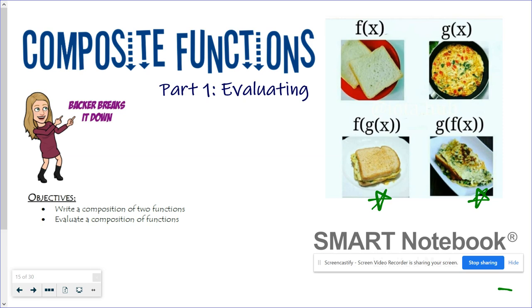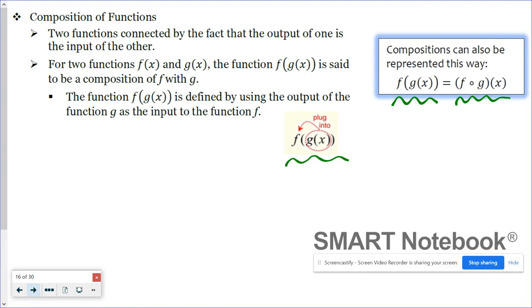But that's what this is saying when they say put the inside function into the outside function. So put the eggs inside of the two pieces of bread, or put the pieces of bread inside of eggs. Like I said, I don't understand that one. I've never done that.